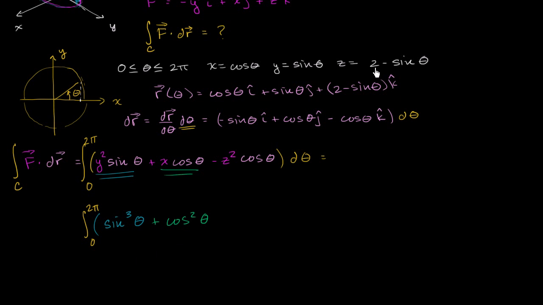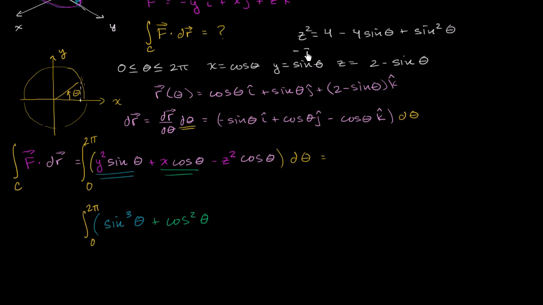And then z squared, this is actually going to get a little bit involved. So let's think about what z squared is. I'll do it up here. Z squared is just going to be 4 minus 4 sine theta plus sine squared theta. And it's going to be negative z squared times cosine theta.